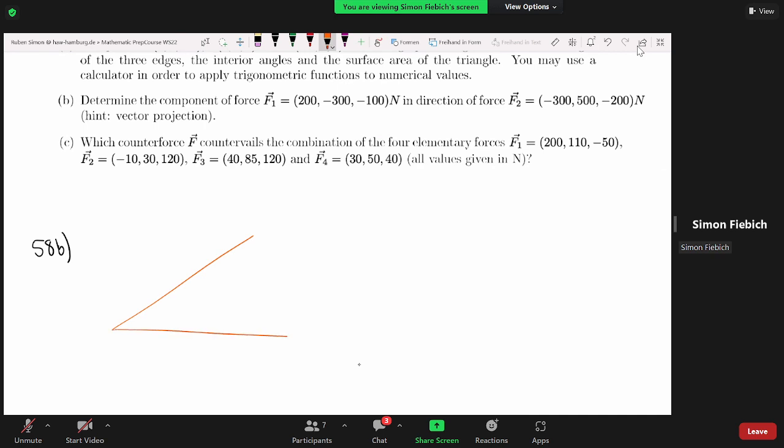So let's say these are the 2 forces that we are dealing with. Let's say this is force 2, and this is force 1. So how could we now find the force that we are actually searching for?